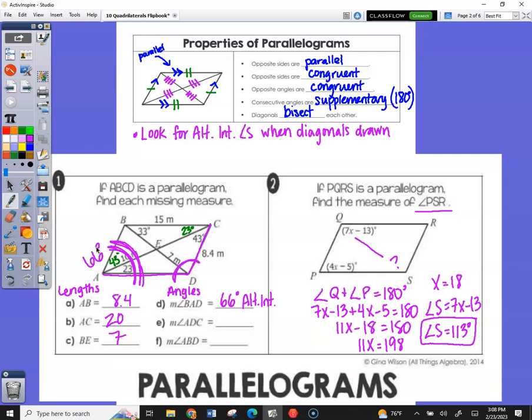Now I'm finding the one directly next to it. Consecutive angles are supplementary. If you just found, let's call it angle A, ignore the diagonal.